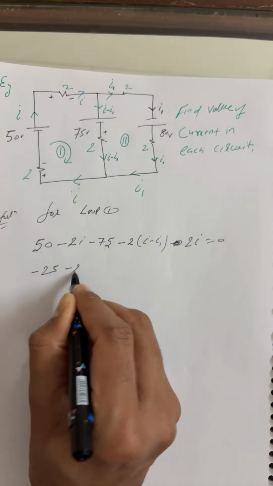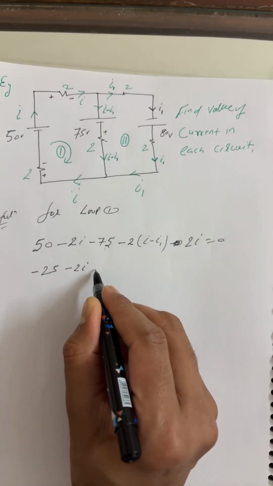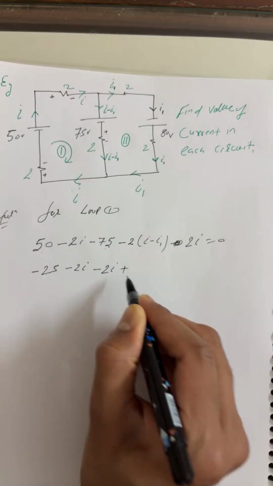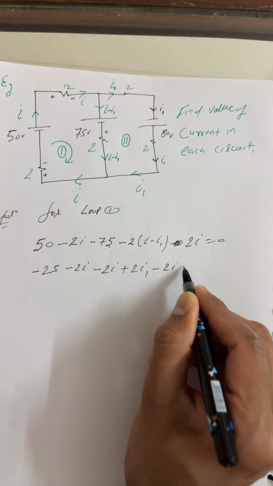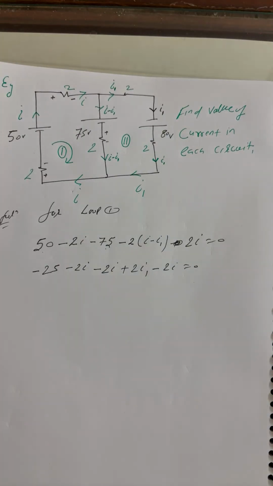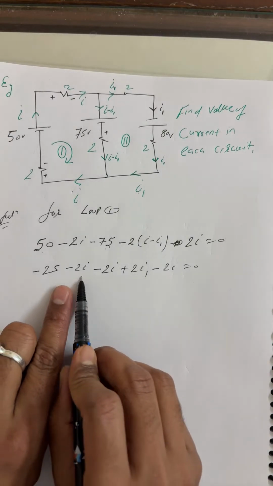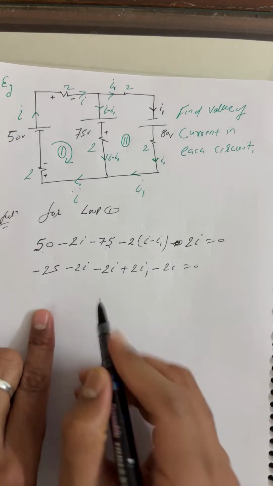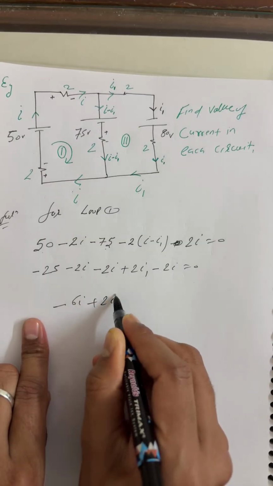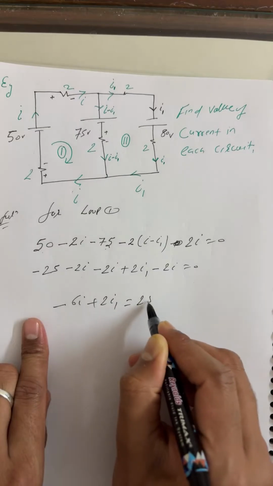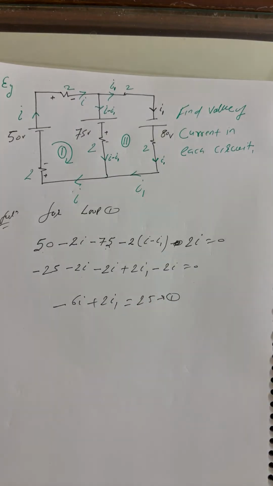Minus 25 minus 2I minus 2I plus 2I1. Again here minus 2I, which is equal to 0. I will get the equation in I and I1. So 2I, 2I, 4I, 2I, 6I: minus 6I plus 2I1 is equal to 25. Say equation number 1.